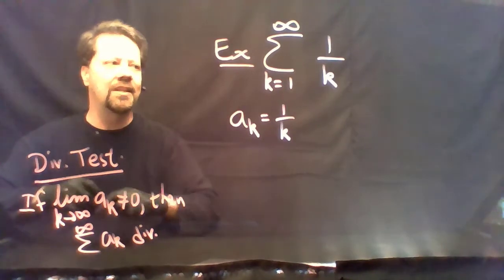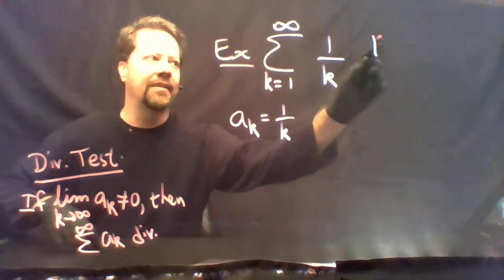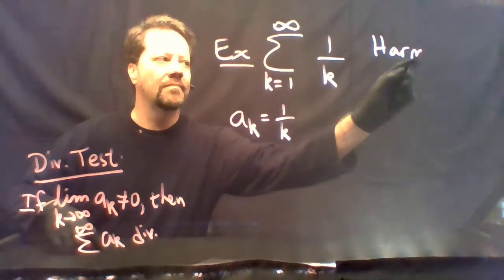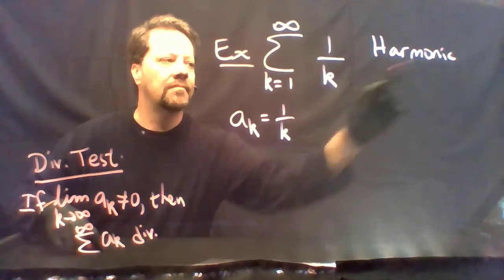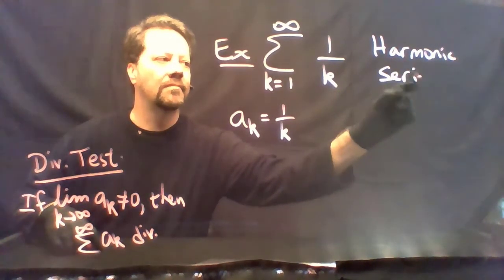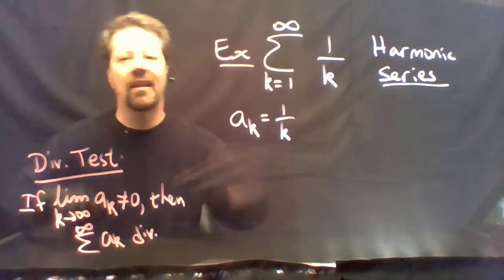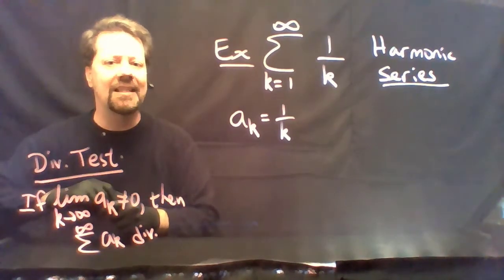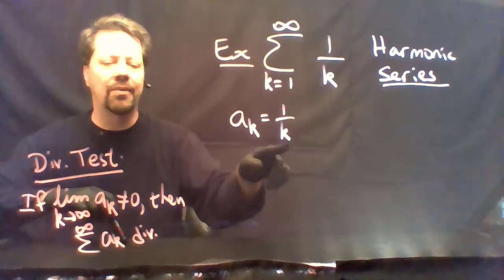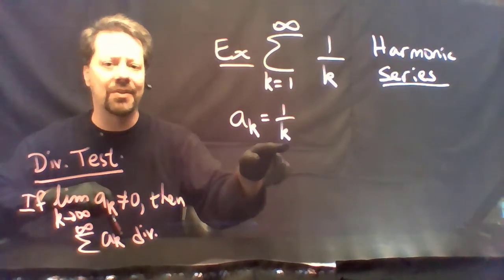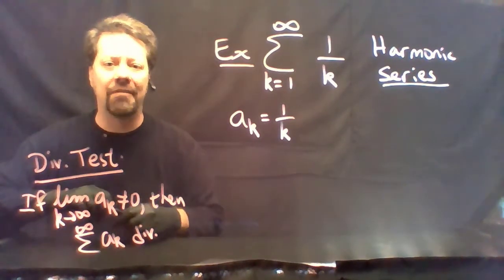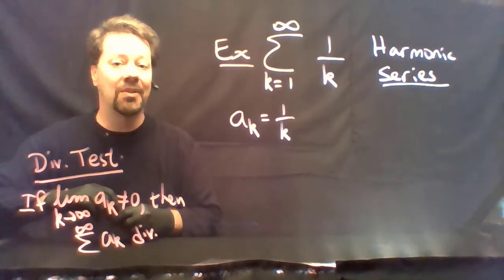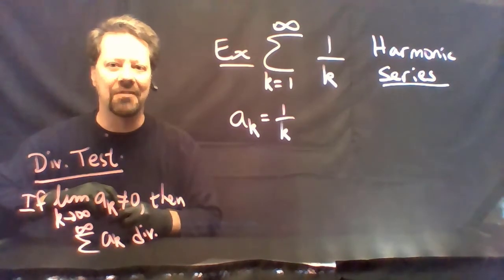This series is called the harmonic series. And it's famous because it demonstrates that although the terms of a series may go to 0, it might still diverge. This series, we will prove, diverges.